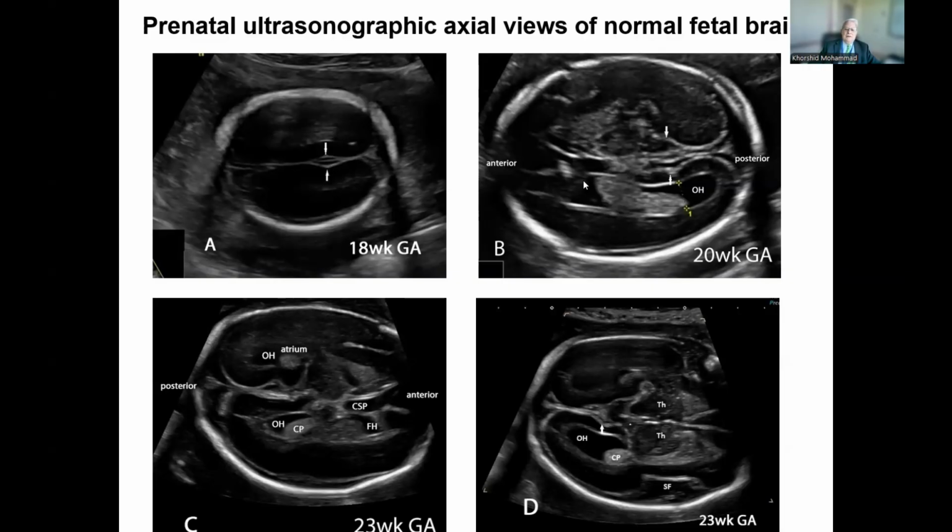And as you follow it developing, you can see that it becomes much more evident. You can see by the arrows here in B where it's forming, and here you see it even at 23 weeks. It's forming.